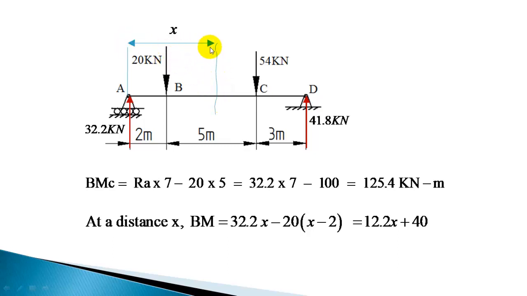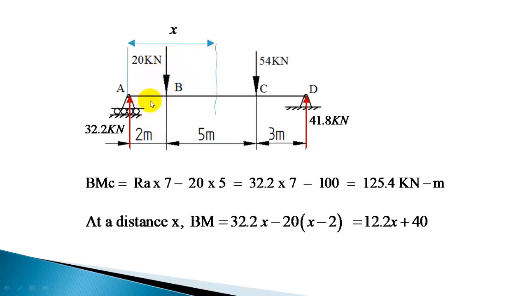Now x I have taken as a variable, so x can be somewhere here, immediately right of B. Immediately right of B, the same forces are there, and if you move up to C, these same forces are also there producing a moment, but you cannot take x less than 2.